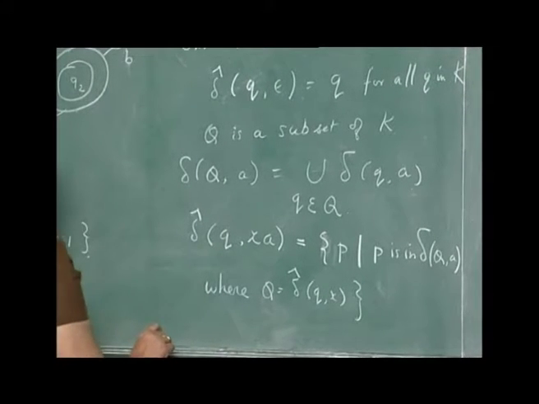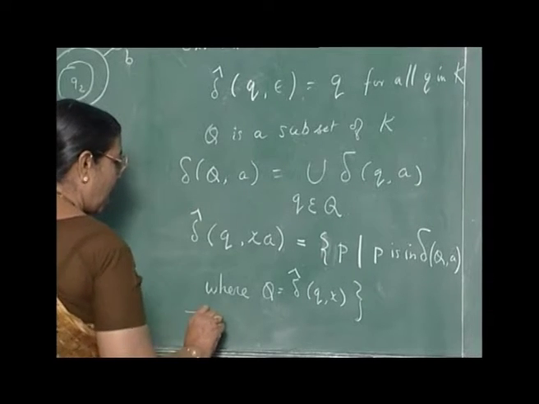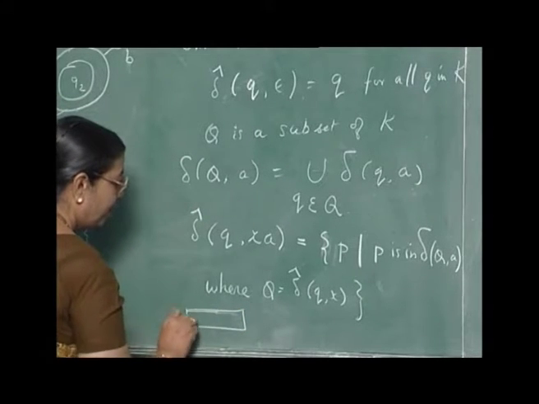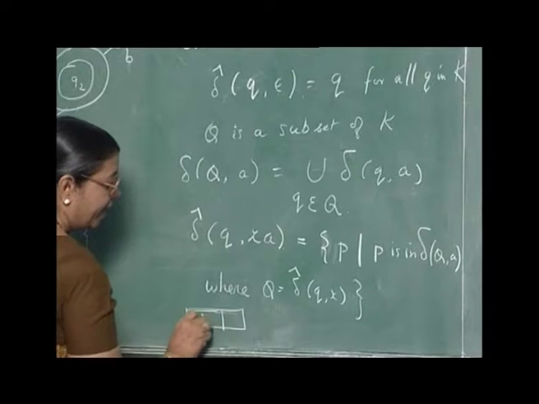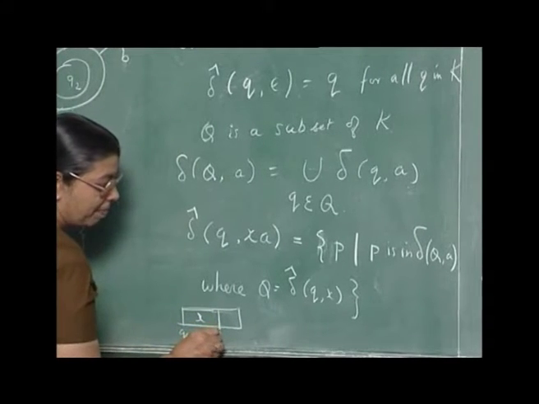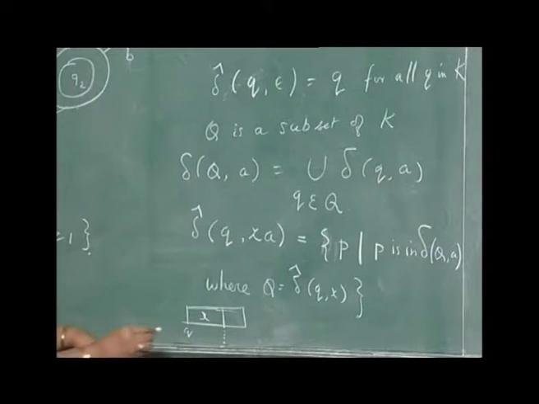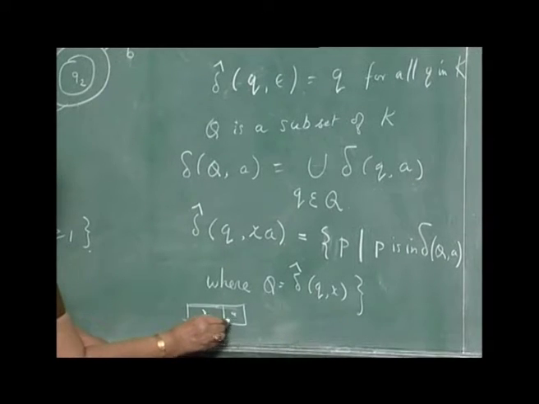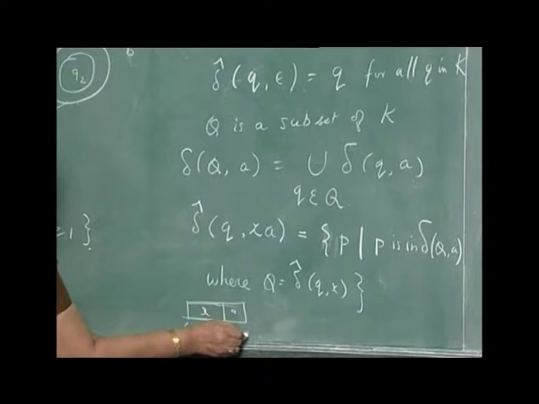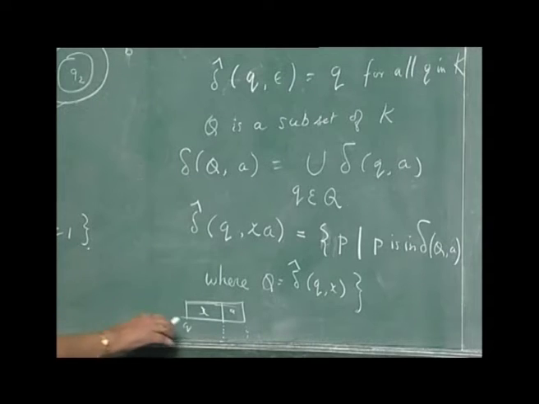In essence, it means like this: starting from a state q, after reading x, you can be in a finite number of states. After reading the symbol a again, from each one of them you can be in a finite subset, that is denoted by this.